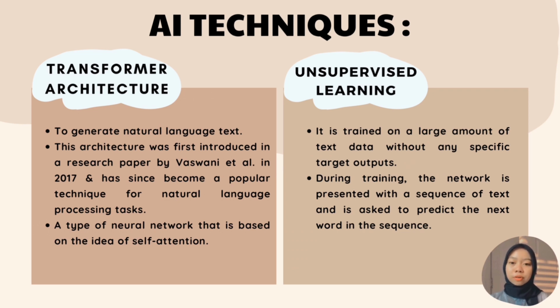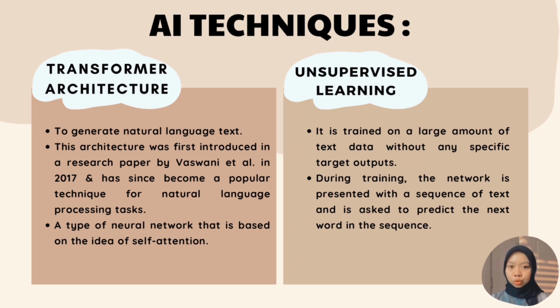We move on to AI techniques. GPT-3 is divided into two AI techniques. The first one is transformer architecture. Transformer architecture is used to generate natural language text. This architecture was first introduced in a research paper by Vaswani et al. in 2017 and has since become a popular technique for natural language processing tasks.